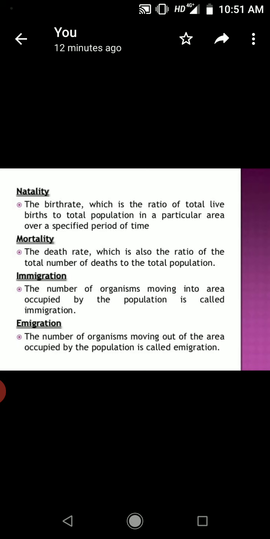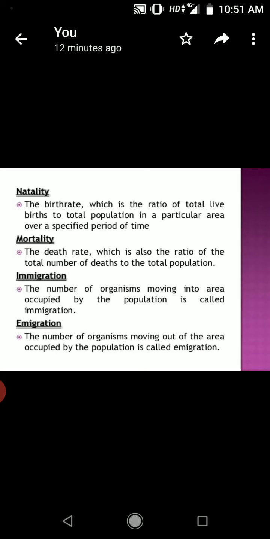So in immigration, organisms enter from the outside to the inside, so the count increases when organisms enter. Emigration means the number of organisms moving out. For example, if there are 10 or 20 organisms and a member moves outside, then the number decreases.